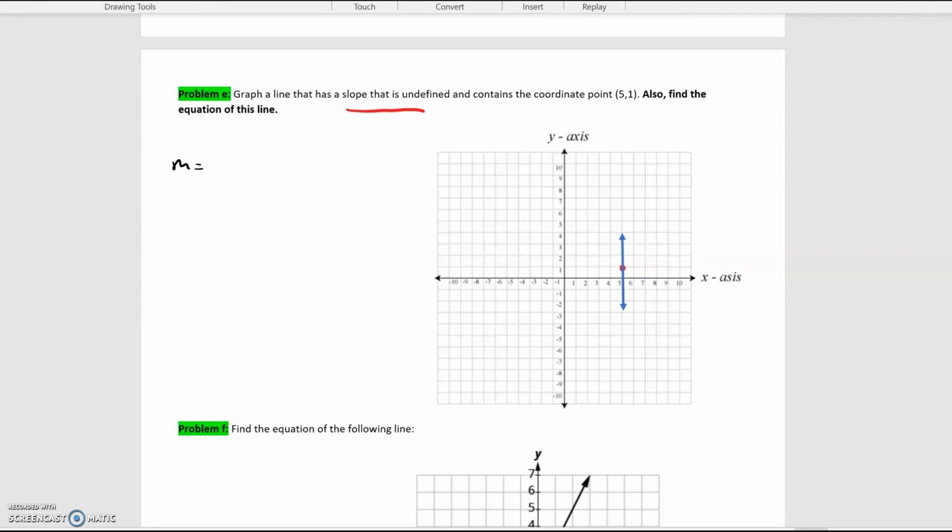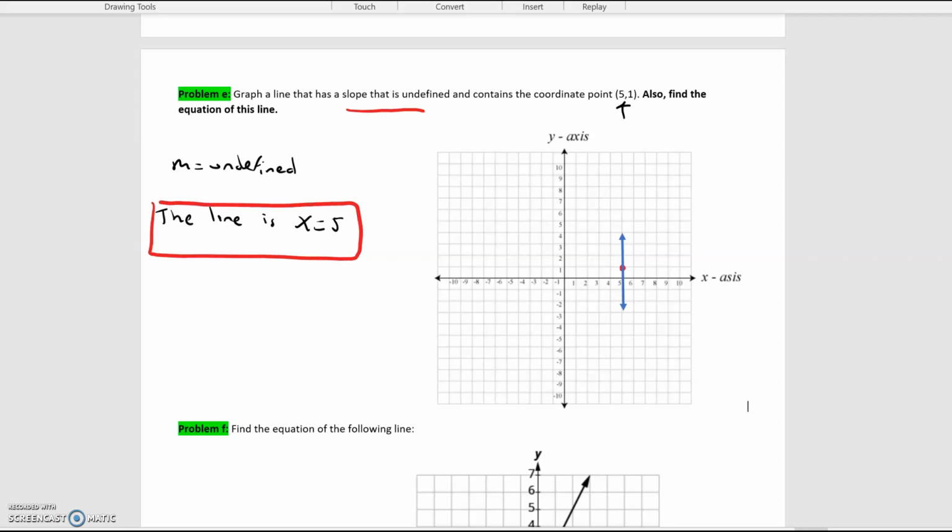So m is undefined. So the actual line is x is equal to, and in this case, it's going to be equivalent to the x value. So x = 5 is going to be our line. That's a line that happens to be vertical and passes through the point (5, 1). Keep in mind that we're viewing that as x and y, so it has to pass through x = 5.